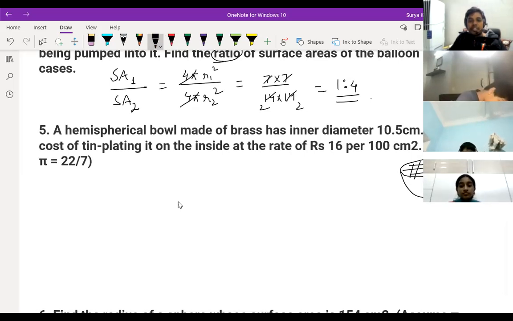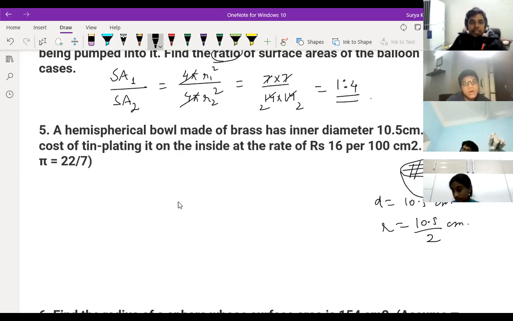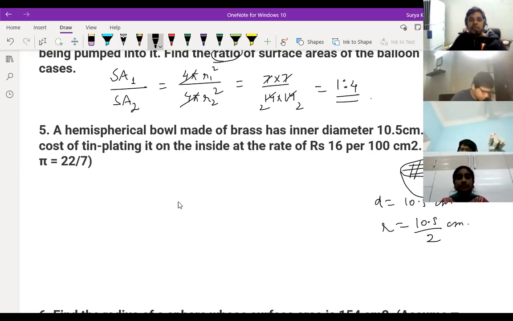So here, the diameter is 10.5 centimeter, so radius will be 10.5 divided by 2 centimeter. Also, we have to find the CSA, inside only, because the bowl is not covered.